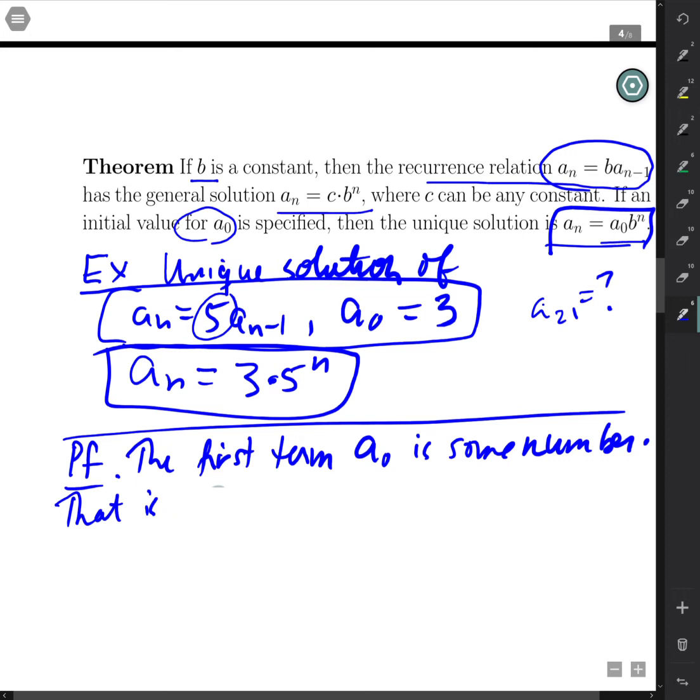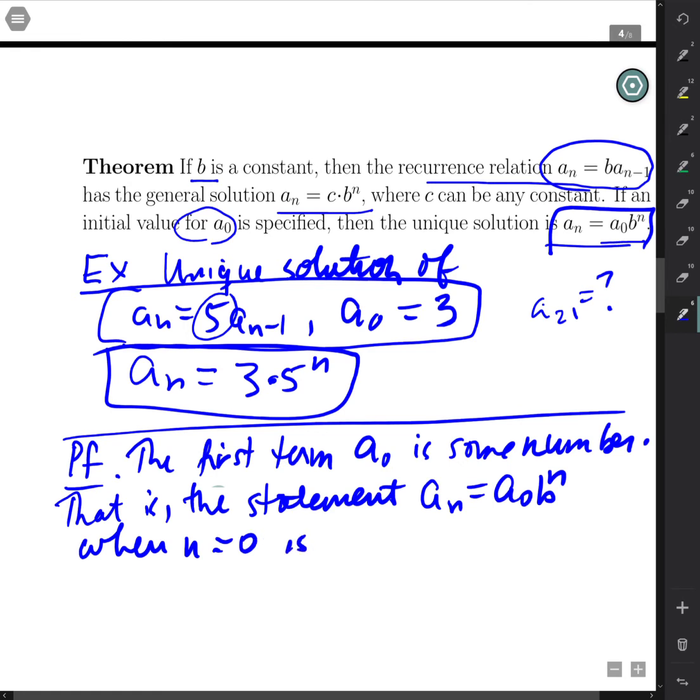Let me go ahead and say this: the statement a_n equals a_0 b to the n, when n equals 0, is just a_0 is equal to a_0 b to the 0, and since b to the 0 is 1, this is true.